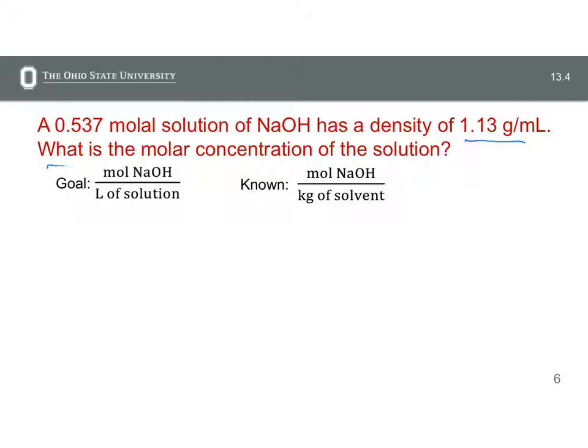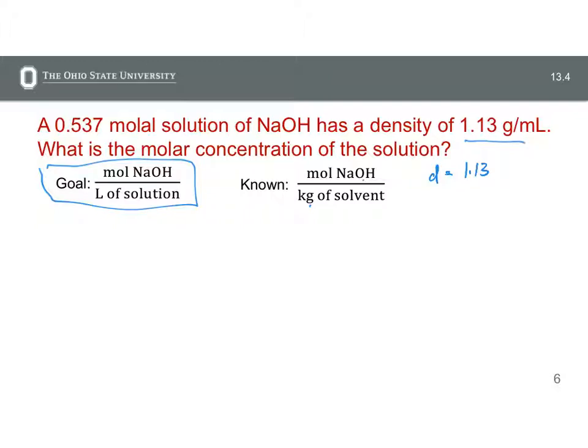So again, writing out what our goal is: moles of sodium hydroxide per liter of solution. We're given the value of the molality, so we know our moles of sodium hydroxide per kilogram of solvent. The other thing I want to point out is our density is 1.13 grams per milliliter, but this is the density of the solution.